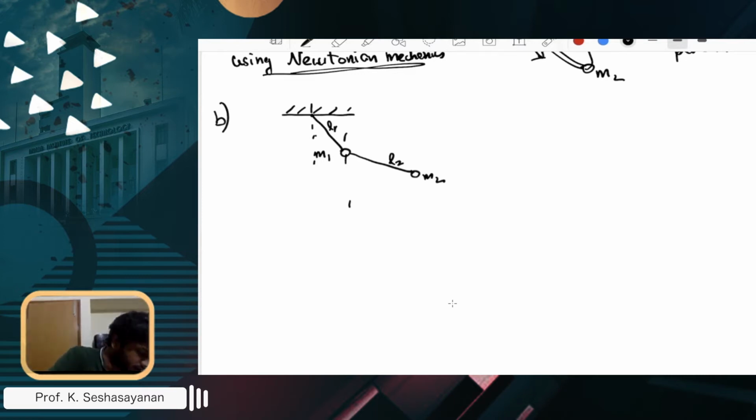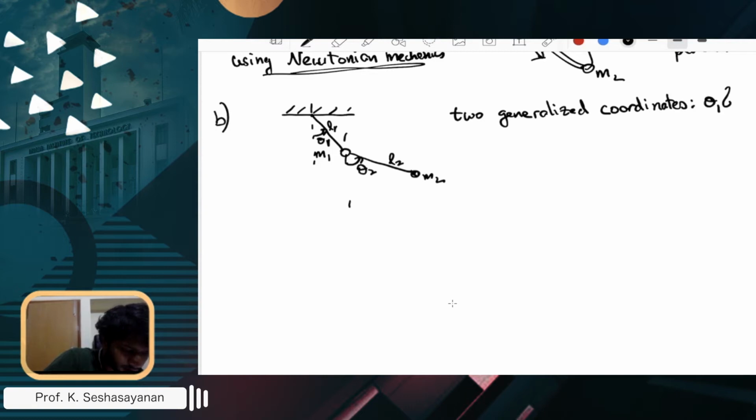So the coordinate which describes the position of m1 is just theta1, and the coordinate which describes the position of m2 with respect to m1 is theta2. So once you know theta1 and theta2, one can describe the position of both masses m1 and m2. So we have two generalized coordinates, theta1 and theta2.